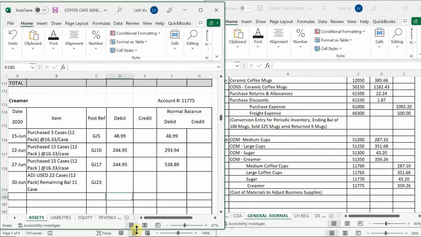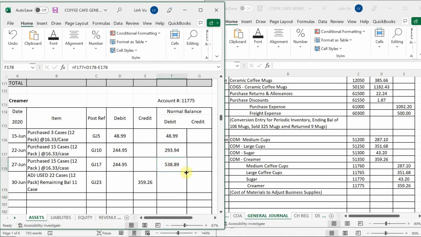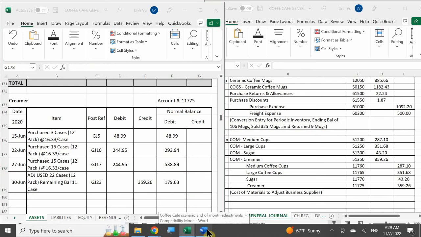Today's the 23rd. And the cost was $359.26. If I use $359.26, how much should I have left remaining? You should have $179.63 left in my creamer account.